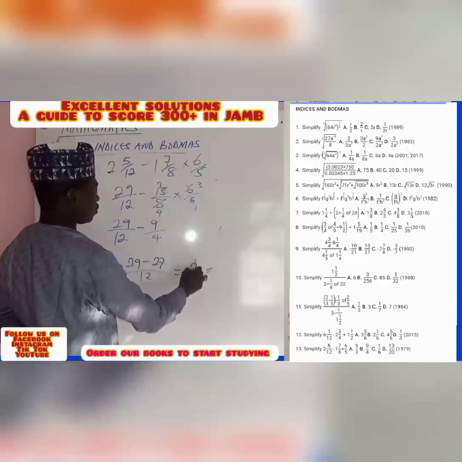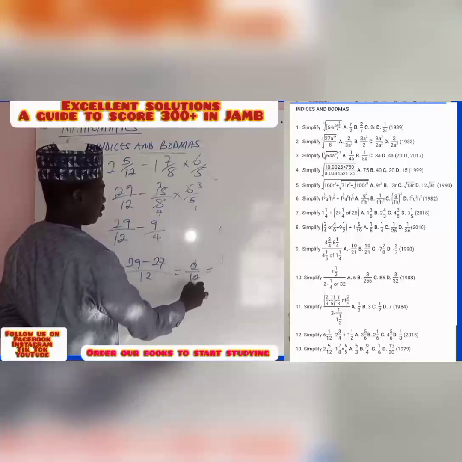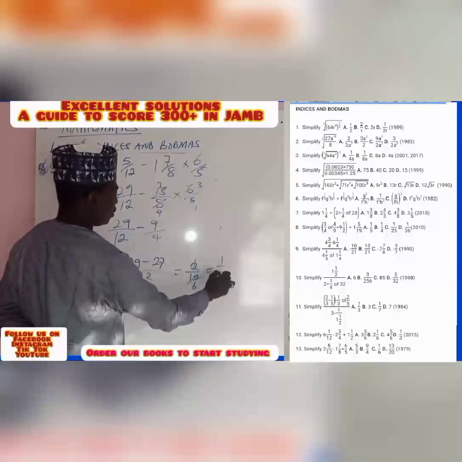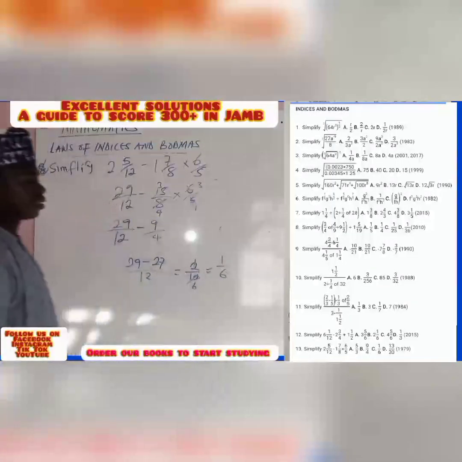And this is the same as 2 here, 1, 2 here, we have 6, which is the same as 1 over 6. So we look into our options. We have option A, 3 whole number 5 over 6. Option B, 9 over 4. Option C, 1 over 6. And our answer is option C.